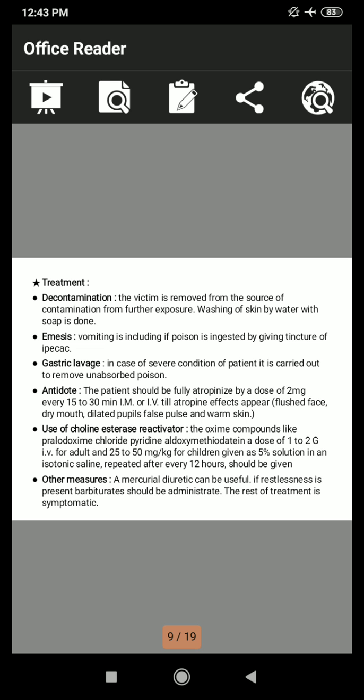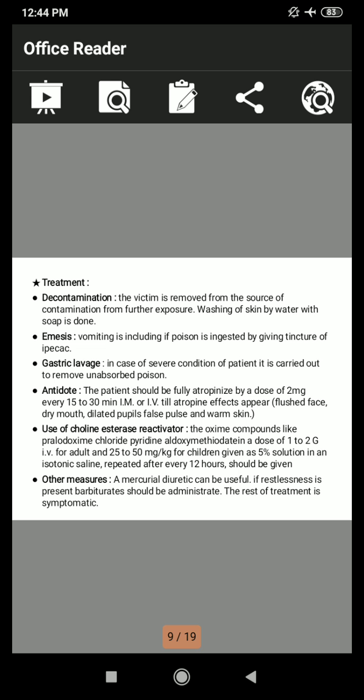Then gastric lavage. In case of severe condition of the patient, it is carried out to remove unabsorbed poison.